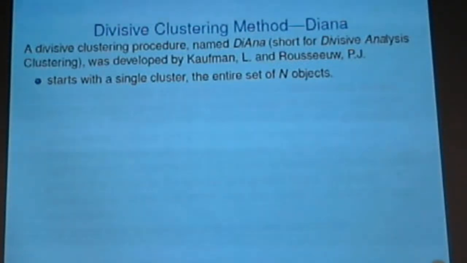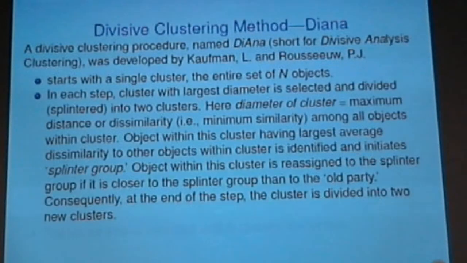Basically, you start with a single cluster, the entire set of n objects as a single cluster, and start to divide until each object is by itself. So it's top down. In each step, the cluster with the largest diameter is selected and divided into 2 clusters. Of course, here we have to define diameter.